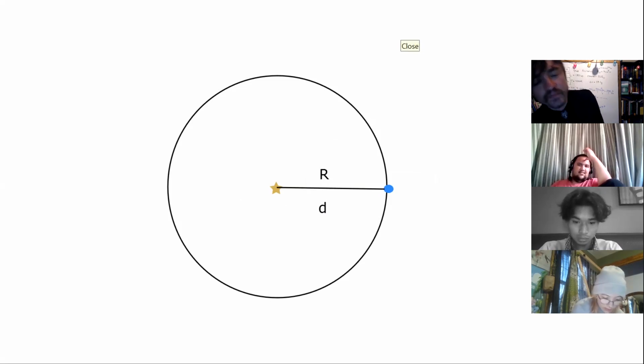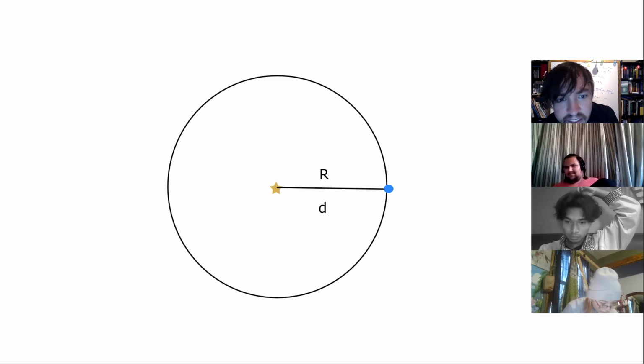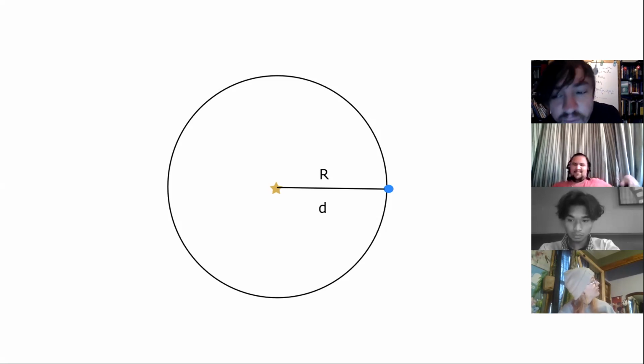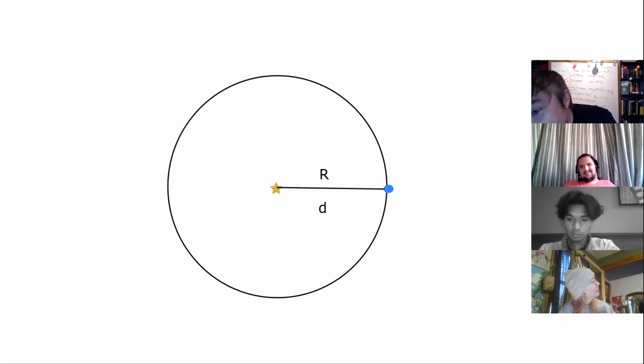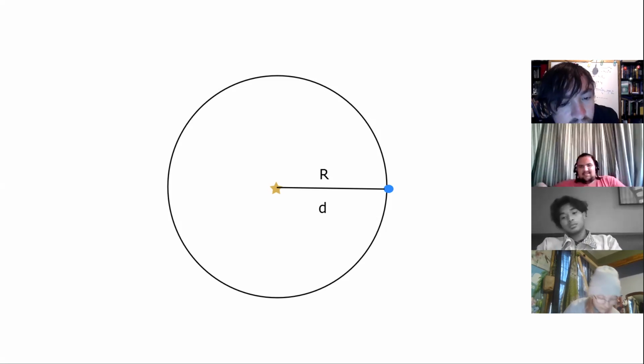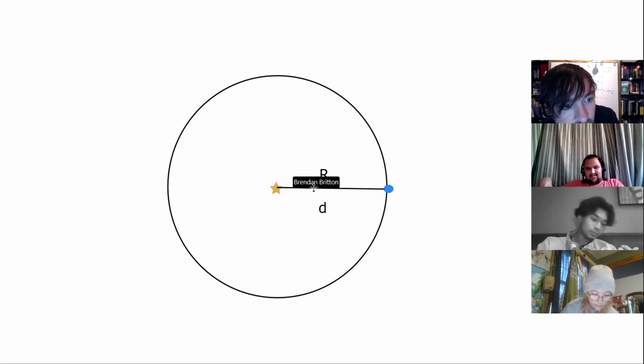Blair, did you already answer my question? D squared is the same as R squared. Blair, when you're new at algebra and math and physics, you tend to get really worked up. Does D stand for distance? Does R stand for radius? D and R stand for some quantity of length.